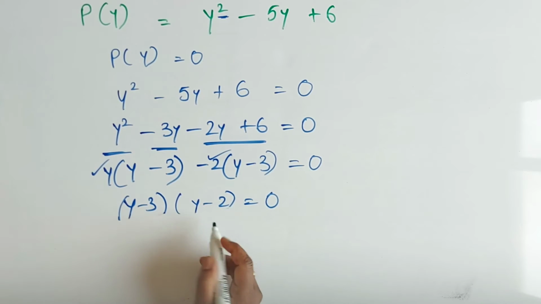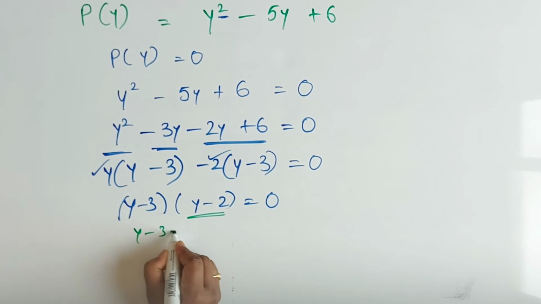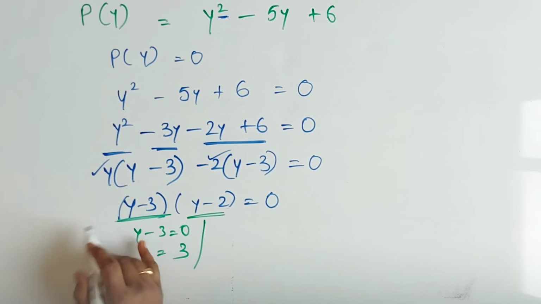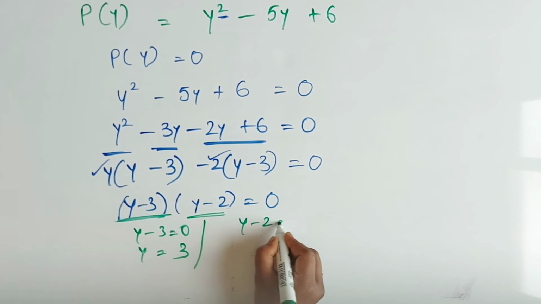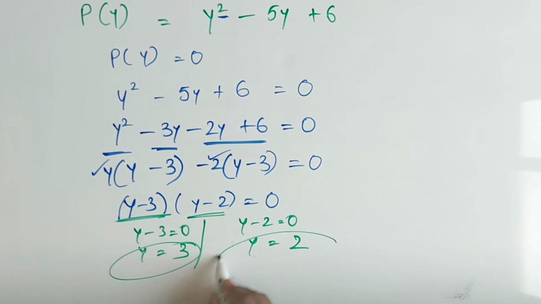From here, children, if you send this term that side, y minus 3 is 0. y value is 3 here. Now if you send this term that side, y minus 2 equal to 0, so y value is 2. That means y has two values here. One is 3 and one is 2. From here we can say that a quadratic polynomial has two zeros.